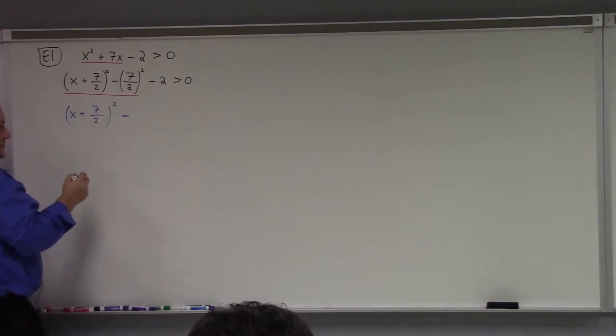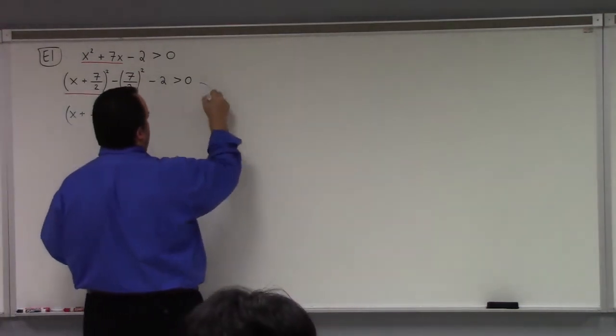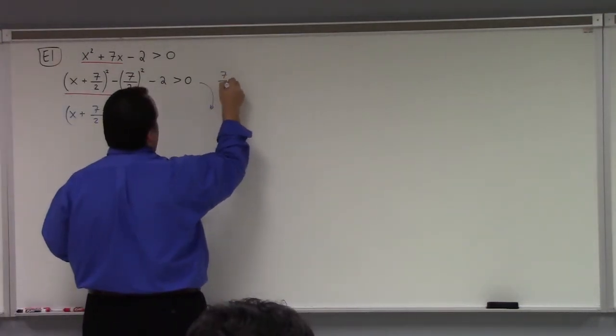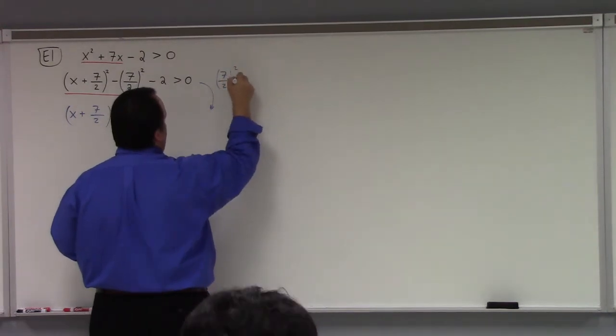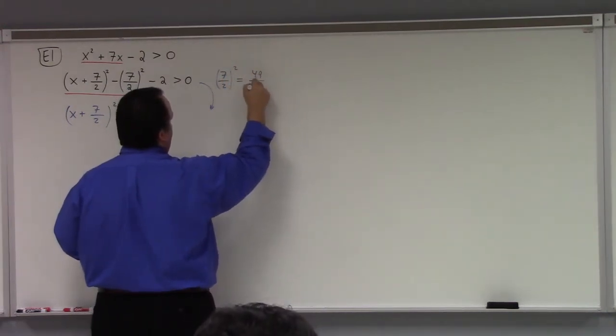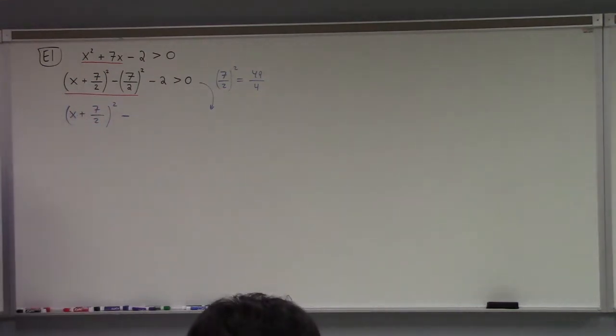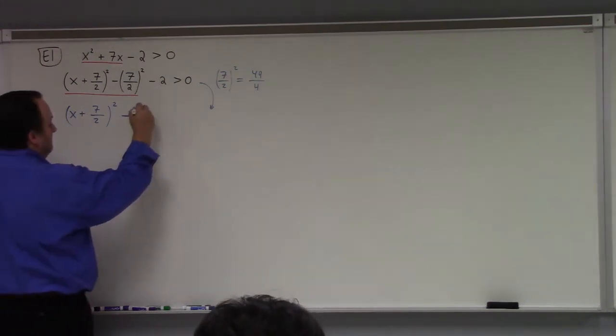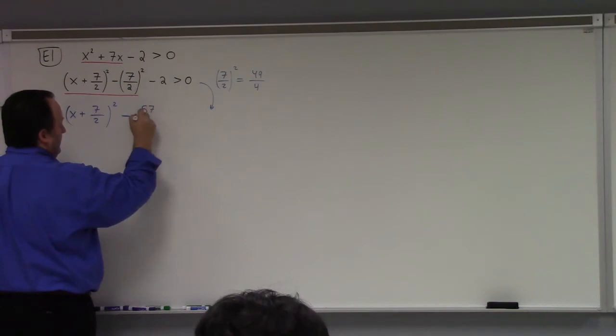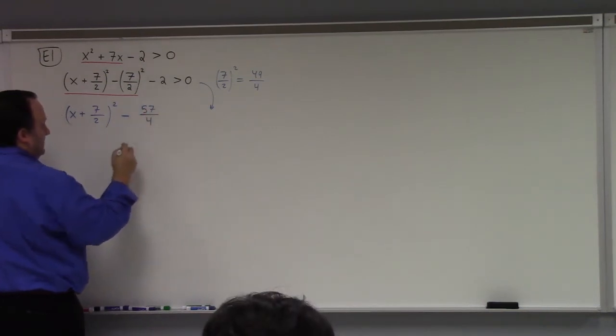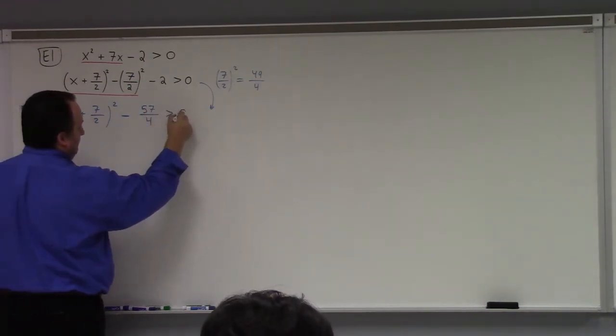Let me do a little arithmetic over here. 7 halves squared is 49 over 4, right? What's 2 in terms of fourths? It's 8 fourths, right? So we have 49 plus 8, which is 57 over 4, greater than 0.